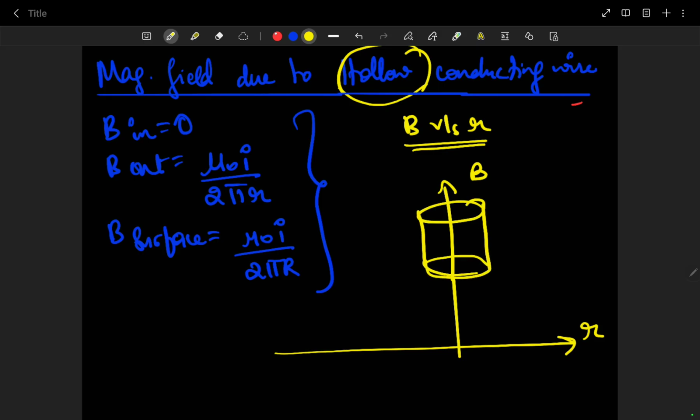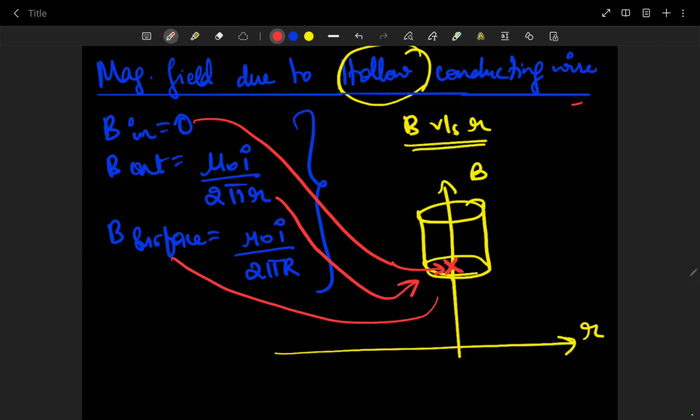Just for your understanding, this is inside, right? So this would replicate this case, this one to be specific, and then you have a B outside case, right? The B outside case would follow up exactly here, and the B at surface case would follow up at its surface, right? So this is how we graphically represent it.